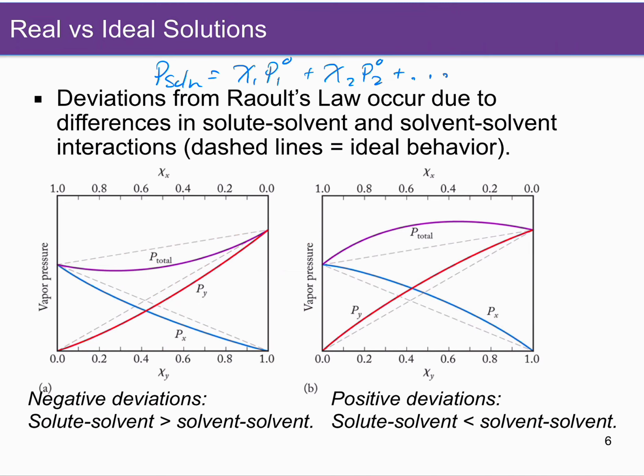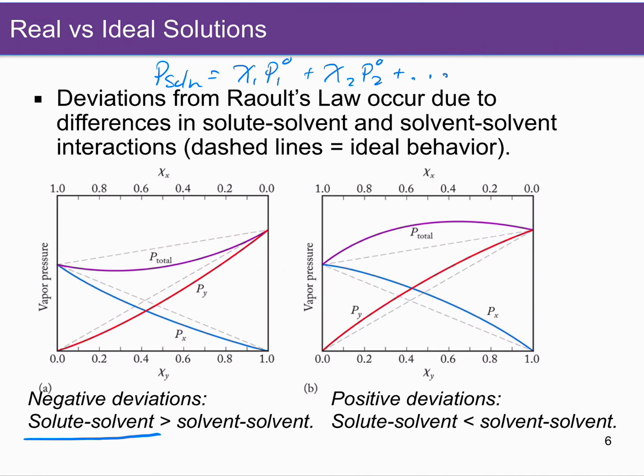Okay, so if you remember back to chapter 10 in General Chemistry 1, there are differences in things that are polar, that have hydrogen bonds, that are non-polar, but there are also differences in the strengths of those intermolecular forces. So you would see a negative deviation, the graph on the left, if the solute-solvent interactions, so the intermolecular forces between the solute and the solvent, are greater than the interactions between the solvent and the solvent.